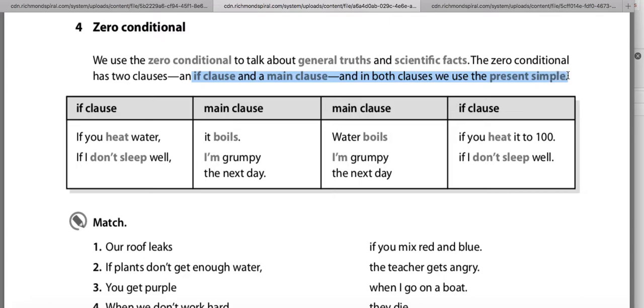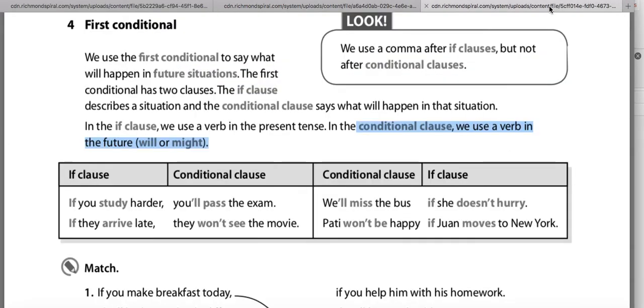Okay? This is the big difference between zero conditional and first conditional. Zero conditional, present simple. First conditional, we use if clauses with present tense and conditional clauses with future will or might. No problem? Perfect. That is the difference between the first conditional and zero conditional.